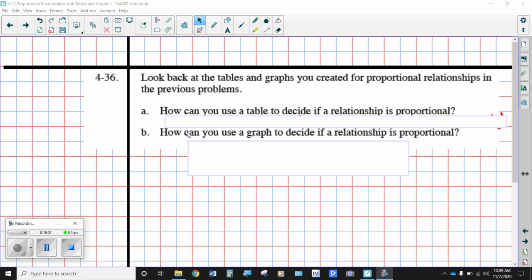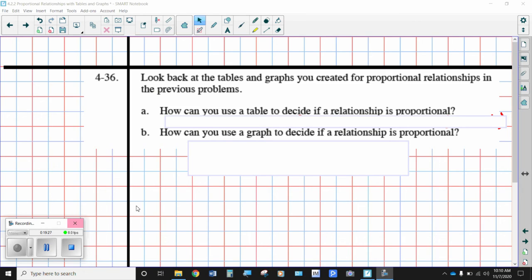If you want to wait until I give my reveal before you write them down because you want to make sure you get the right answer, that's fine. I think it's going to be easier for you to answer the graph question than the table question. But go back and look. We talked about it in class, and it's on the video. What are you looking for within the tables, and what are you looking for in the graph to tell whether or not the situation is proportional?